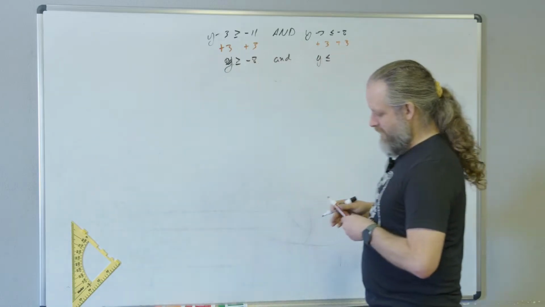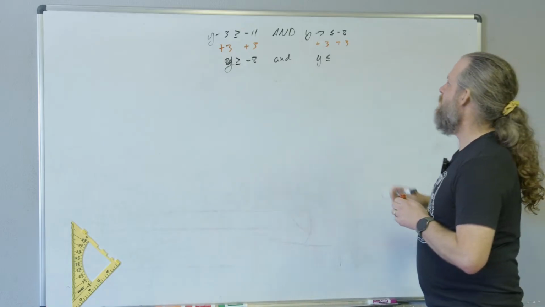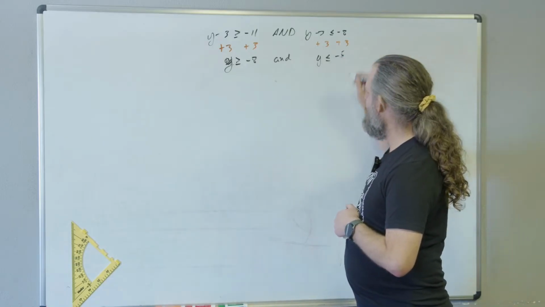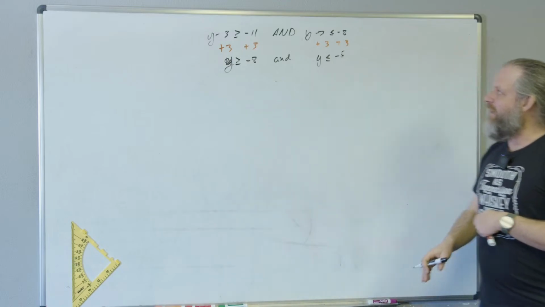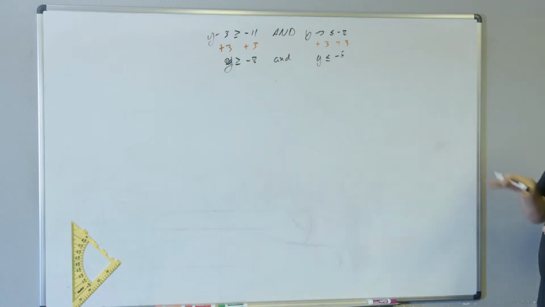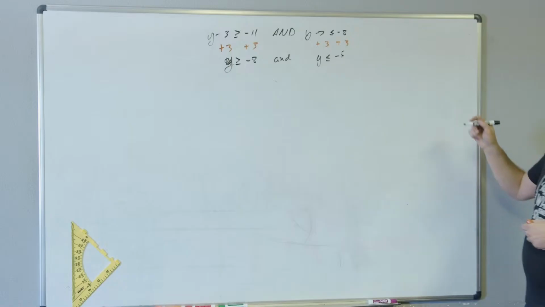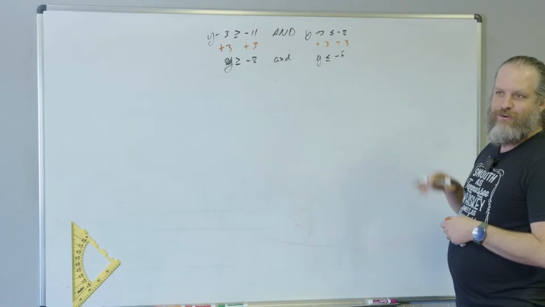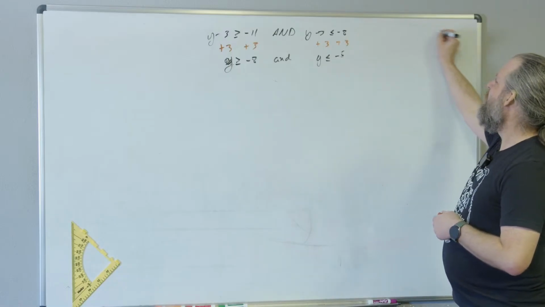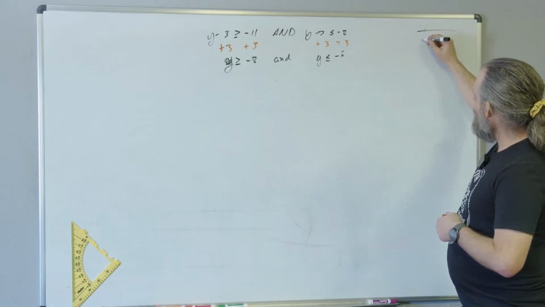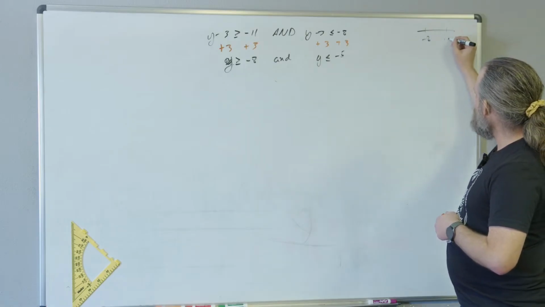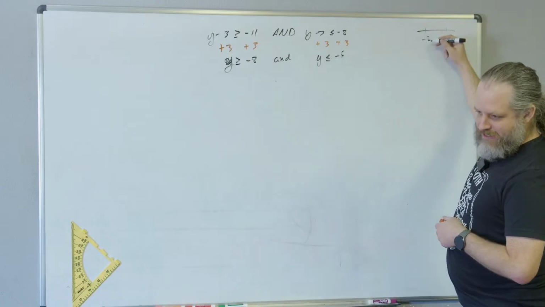What is negative 8 plus 3? Negative 5. So y is greater than negative 8 and less than negative 5. Yes, or equal to. True enough. So greater than or equal to negative 8, less than or equal to negative 5. That works because "and" is in between, right?